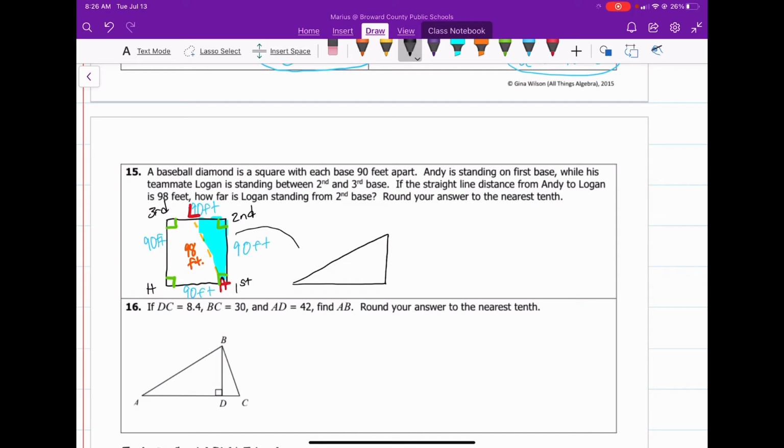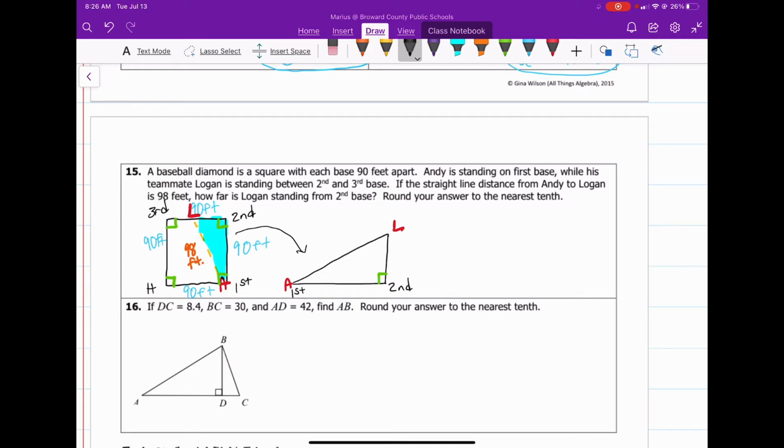So if I laid that down, here's Andy, right? Here's Logan. Our right angle is right here. This is second base. All right. And remember, over here is first base, where Andy is.